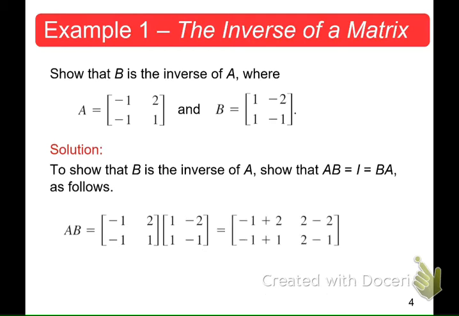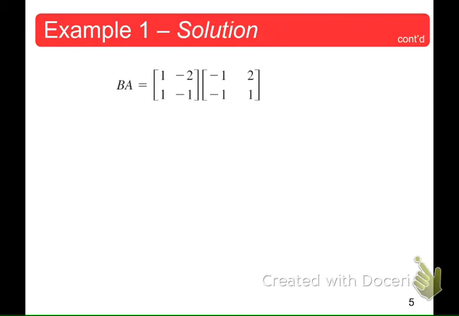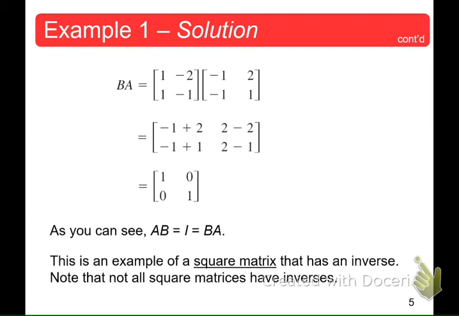Here it is worked out for us, and we can clearly see that it equals the identity. But I have to do it in both directions. I also have to do B times A. In doing B times A, I see that I also get the identity matrix. And since A times B is equal to B times A, we say that A and B are inverses of each other.